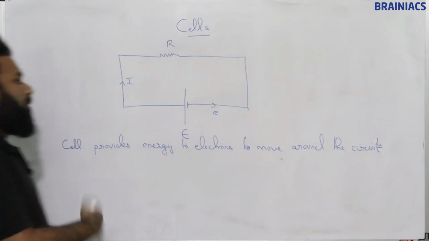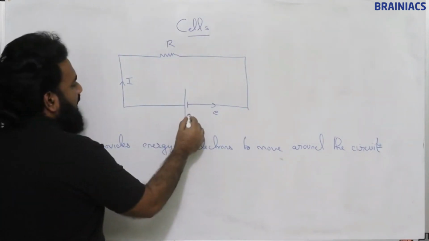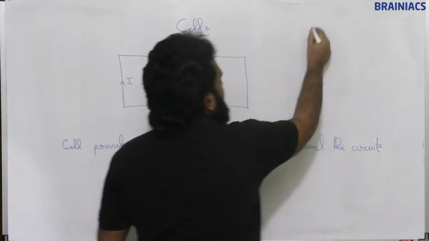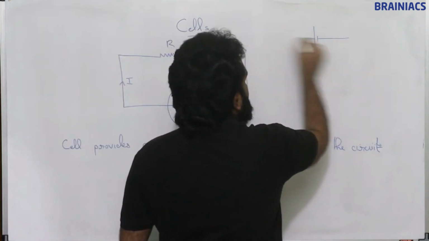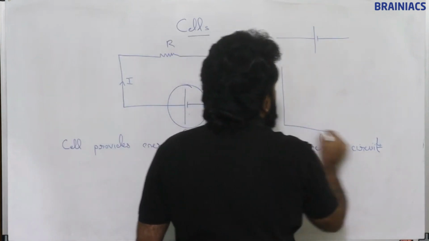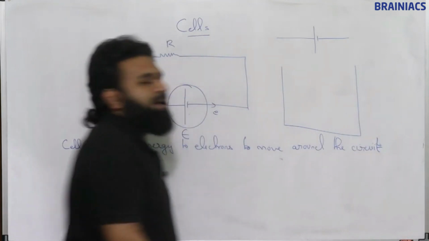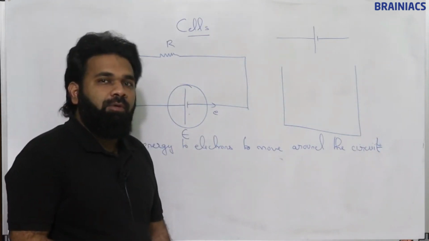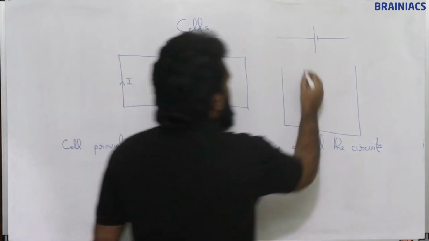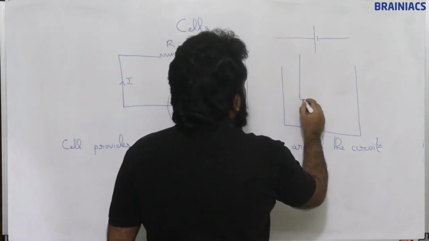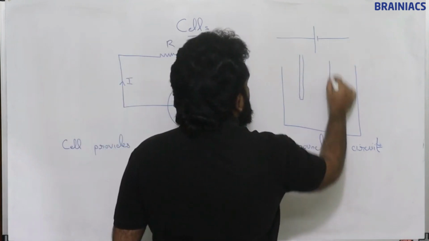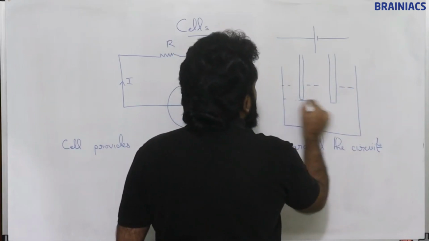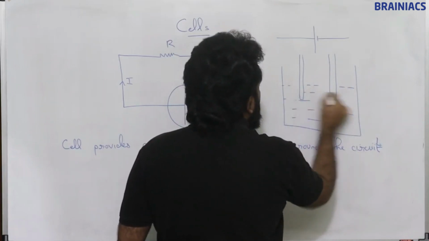If we take this part, that is this cell, what is this actually? This is a battery, where chemical energy will be converted into electrical energy. So two electrodes will be there, and these electrodes will be dipped in electrolyte.